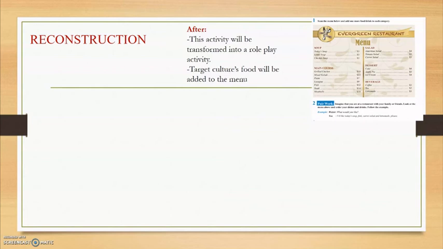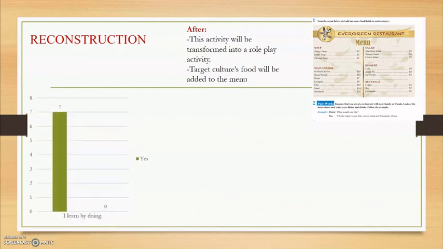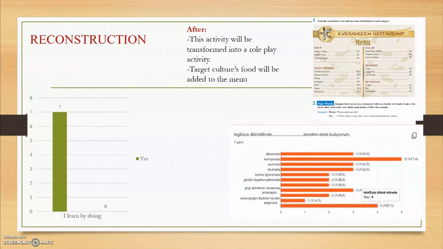We will arrange a role-play activity because our students are kinesthetic learners. All of the students said, "I learn by doing." We also turned this grammar practice activity into a speaking activity because our learners think that they are lacking in speaking and pronunciation skills.